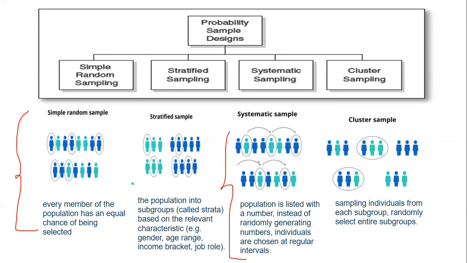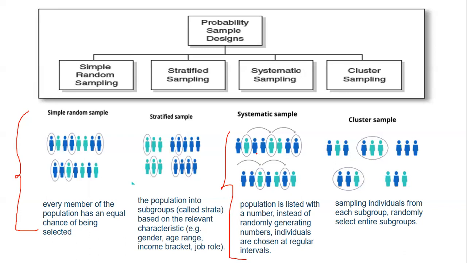It talks about a system, a system which is created. A system can be in any form, created with odd numbers, even numbers. Whatever system is created, based on that, when the sample is selected, that is called as systematic sampling. Cluster sample is based on the cluster, where a group or a subgroup is randomly selected. It is called as your cluster sampling.